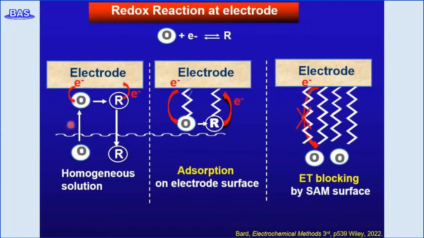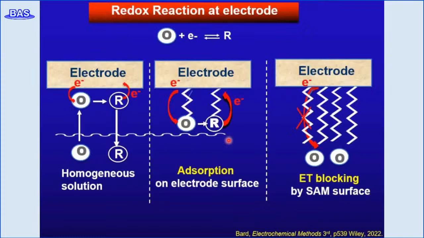On the other hand, when chemical species are adsorbed on the electrode, there is no need for diffusion of substrate to the electrode surface. Therefore, theoretical handling of the current potential curve becomes easier.